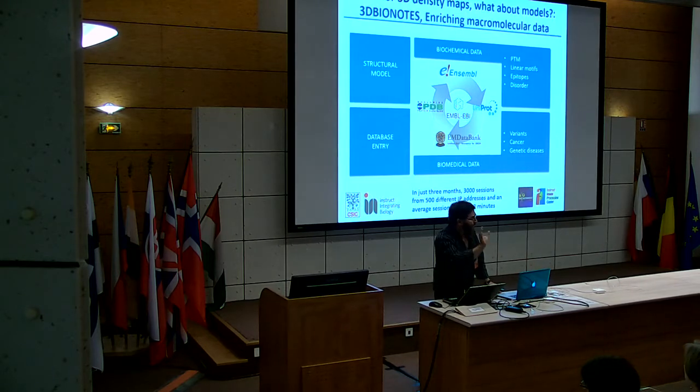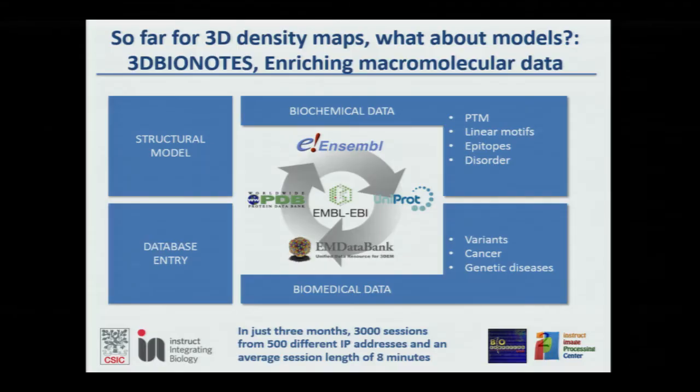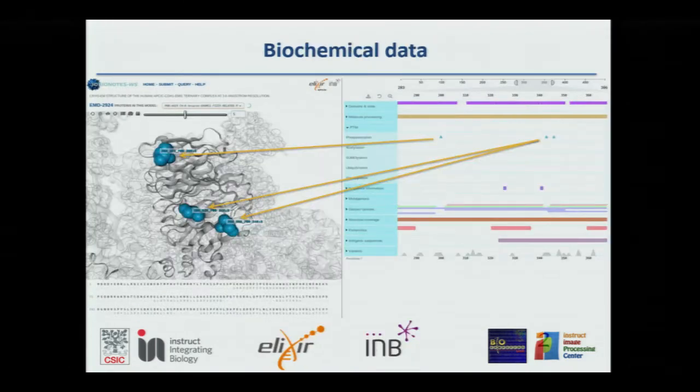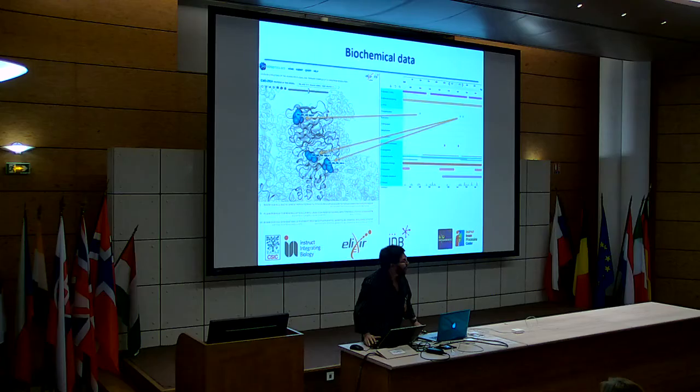You will have the map, the 3D volume, the atomic information, many other things, and we are very happy because in 3 months many people are interested, and each person is spending almost 10 minutes looking at it. What are they looking at? They are looking at the structure. The annotations are interactively mapped onto the structure, so you can really check when you say this is my model, and there is a lot of a priori, but from the signal processing point of view, a priori.